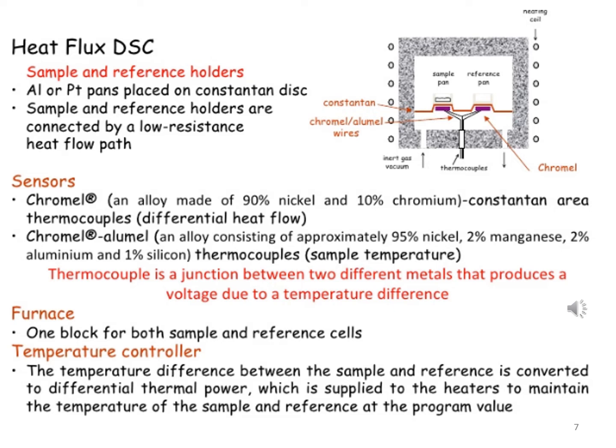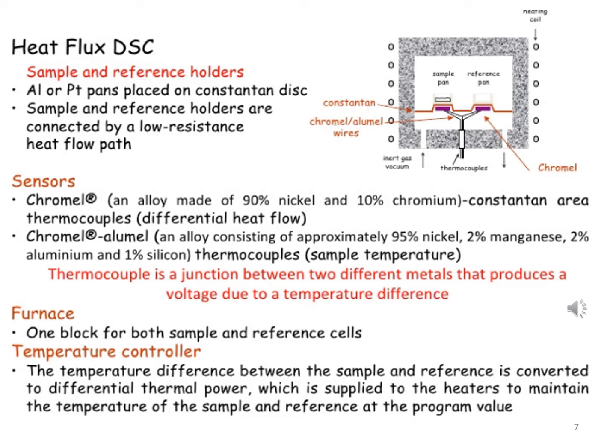So for the furnace, the difference between heat flux DSC and power compensation DSC is the furnace here. In this case only one block of furnace is used for both the reference and sample pan. In this figure you can see that the sample pan and reference pan are placed in the same furnace block.